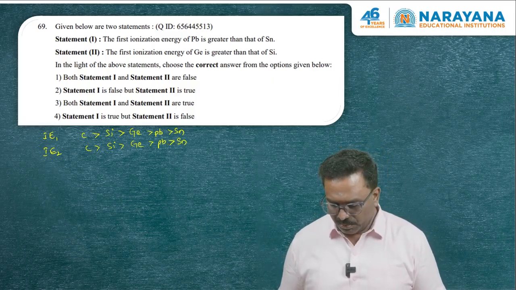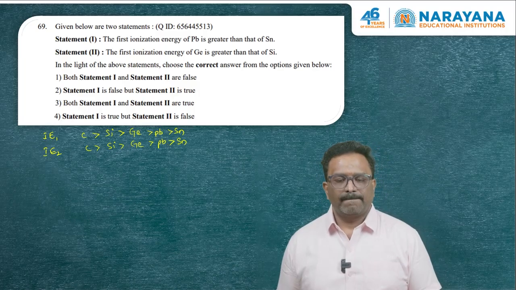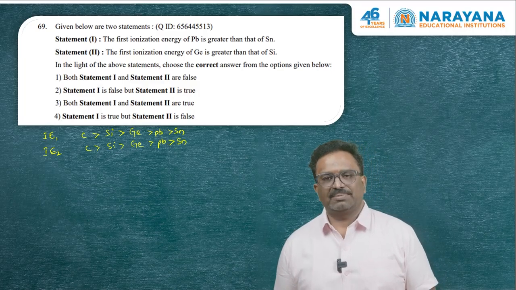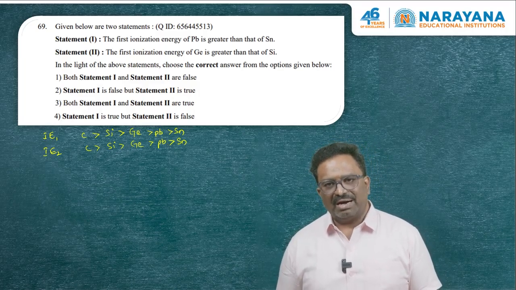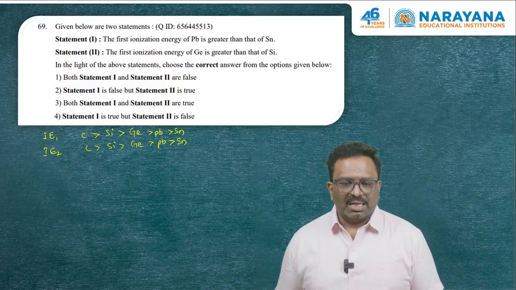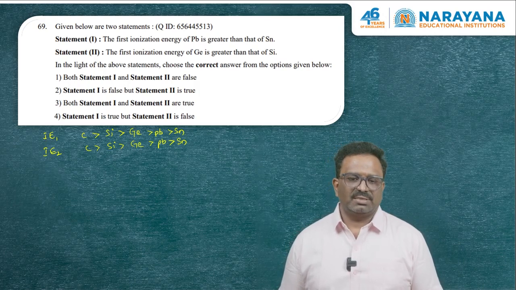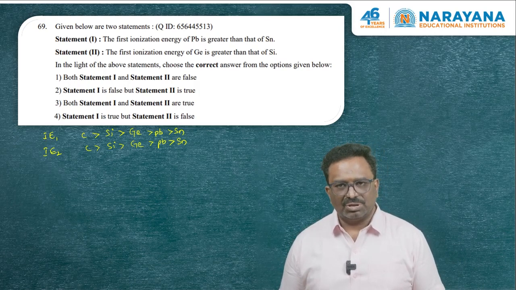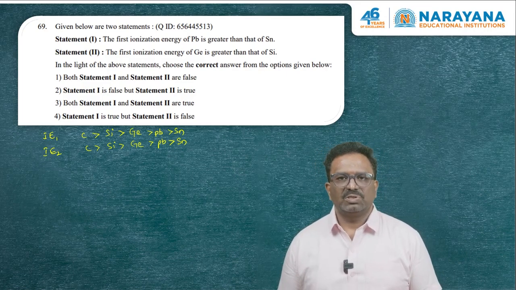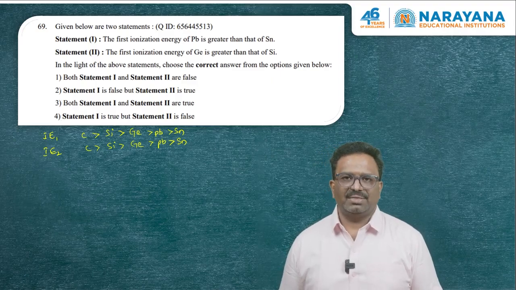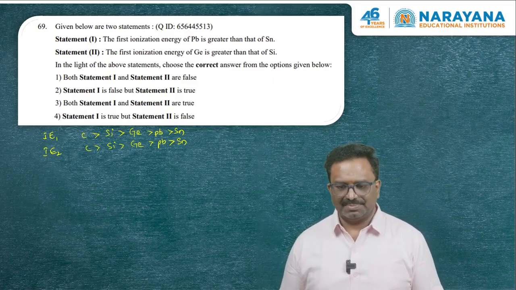Lead has poor shielding effect of inner 4f orbitals. Lead comes after the lanthanides, so lanthanide contraction consequences are observed in the case of lead. The nuclear charge is more over the valence shell here, which is reflected in the ionization enthalpy of lead.